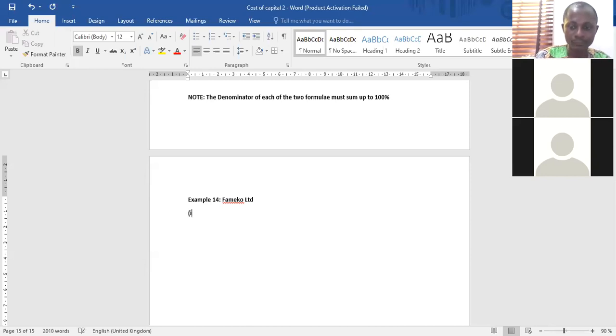Roman figure 1: Computation of equity beta for Exfed.